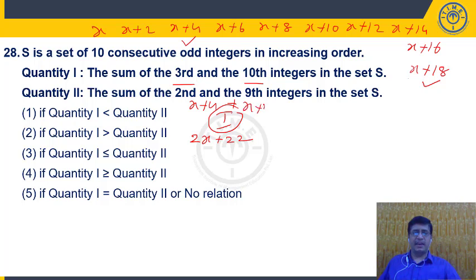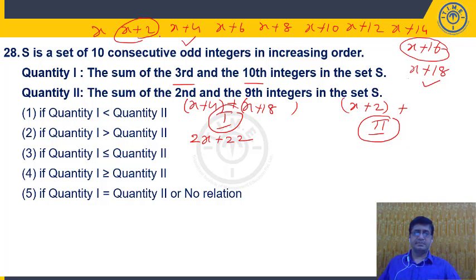Then what about quantity 2? Quantity 2 is the sum of the second and the ninth term. The second term is equal to x plus 2 and the ninth term is equal to x plus 16. Add these two, 2x plus 18.